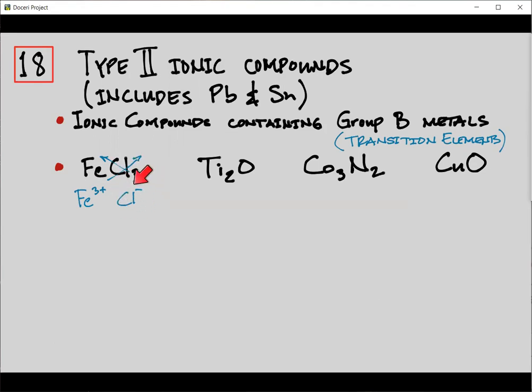Remember that the anions or the nonmetals will always have a negative charge. So here now you know that the charge of the iron is +3. So you would name this iron(III) chloride, right? You have to specify what the charge is using a Roman numeral.